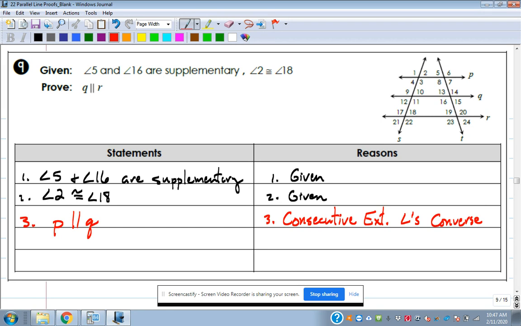So if 2 and 18 are corresponding and congruent, then what does that tell us about what lines? P and R. So statement 4 would be that line P is parallel to line R, through the corresponding angles converse.